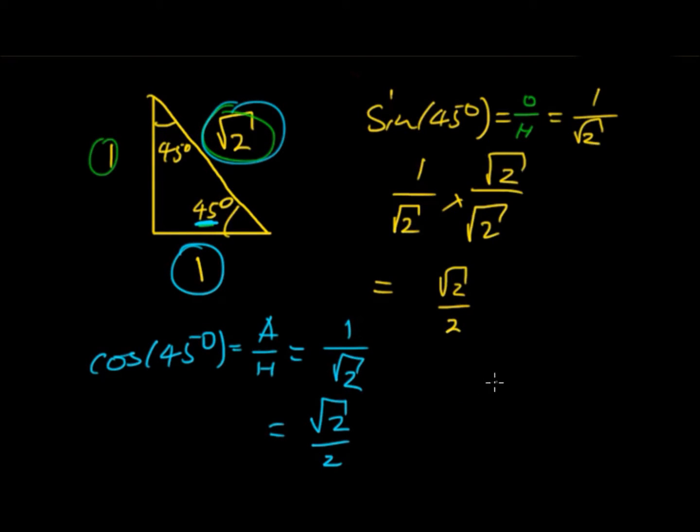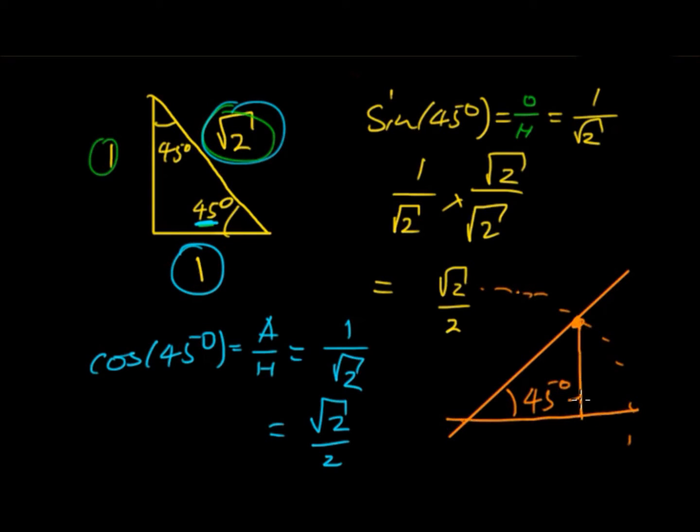And this makes sense, because if we have, let's say, a line there, and this angle here is 45 degrees, let's say this was the unit circle or anything like that, we took that point down, we made it a right angle, then both these values here are going to be equal. So if this value is x and this value is x, then they're going to be the same.